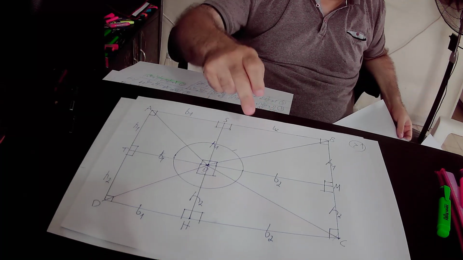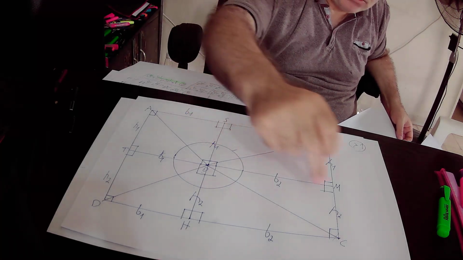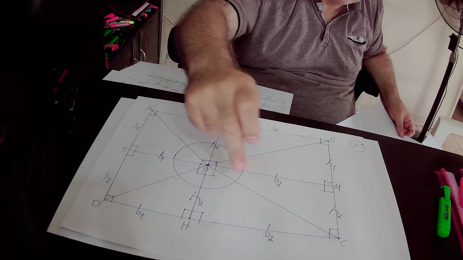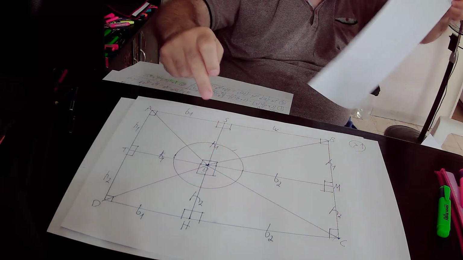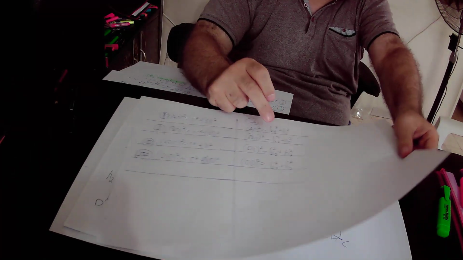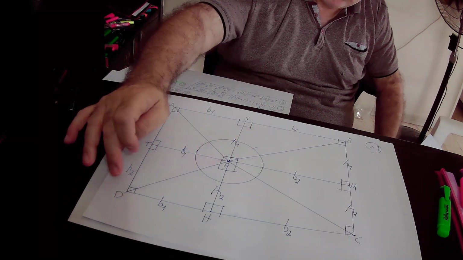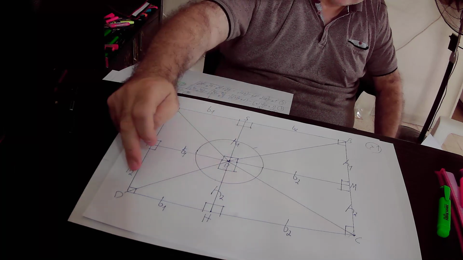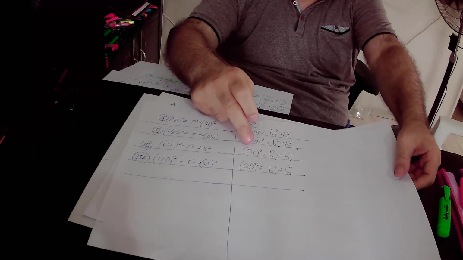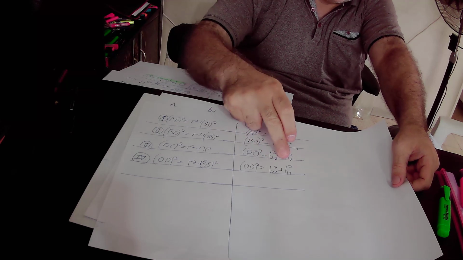Then we join points O and C together by a straight line, and here we have the right triangle OCH. In the right triangle OCH, OC square equals B2 square plus H2 square. And finally we join points O and D together by a straight line. In the right triangle ODH, OD square equals B1 square plus H2 square. Again, OD square equals B1 square plus H2 square.